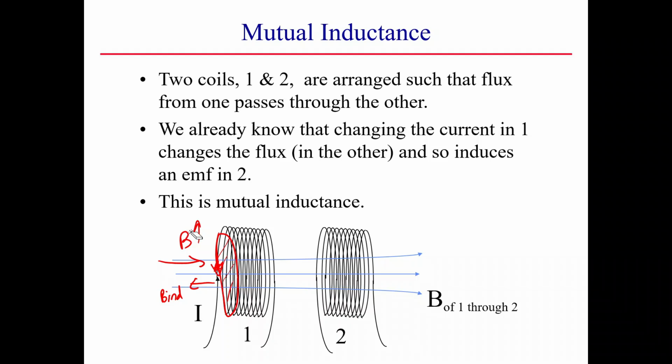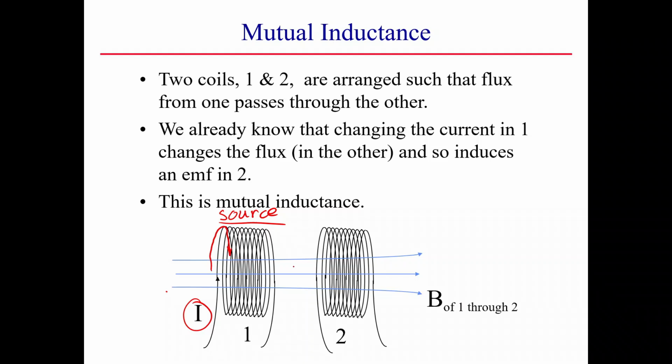In this case, we're going to talk about mutual inductance. Basically, if you have two coils, coil 1 is going to be your source. You have a current I going through solenoid 1 that is coming up over the back, so from behind to the top.